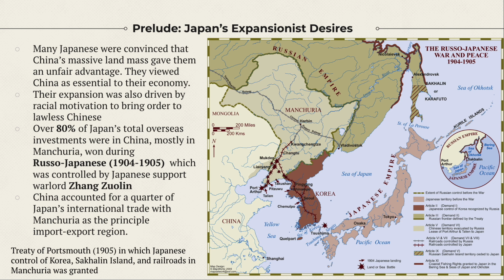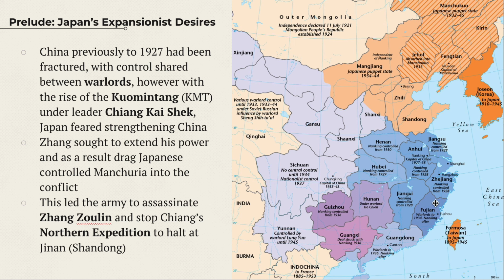So you can see that this northern province up here originally was under control of Zhang Zuolin, but they feared that he would be incorporated into the Kuomintang. These blue areas you can see here are controlled by the Kuomintang, this nationalist group of the Chinese political system.